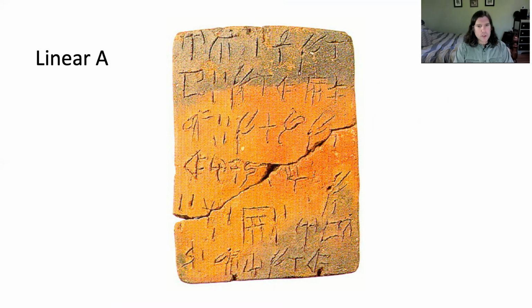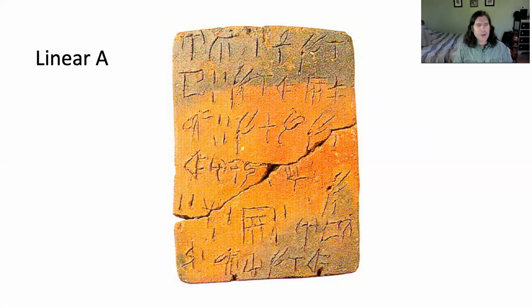Now, Minoan culture was based on the island of Crete. But what I want to emphasize right from the get-go is that the Minoans were actually not Greeks. Now, that's confusing because the island of Crete is culturally and politically Greek today. But that was not the case then.